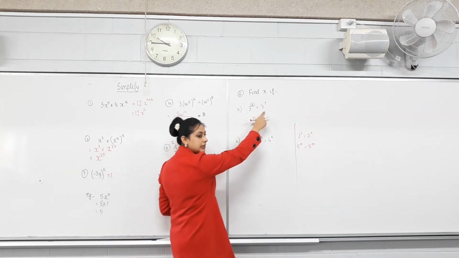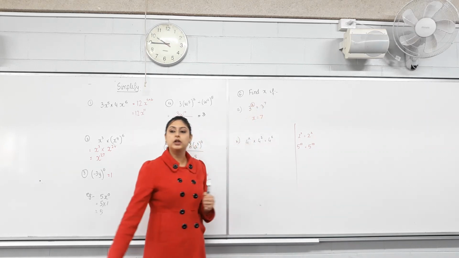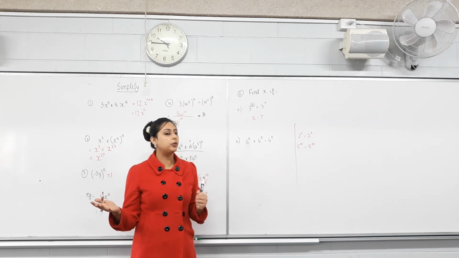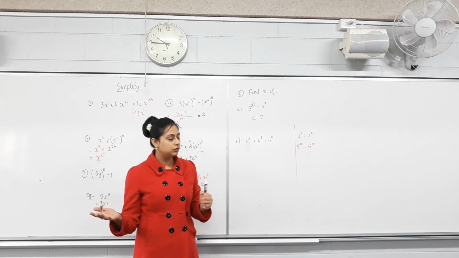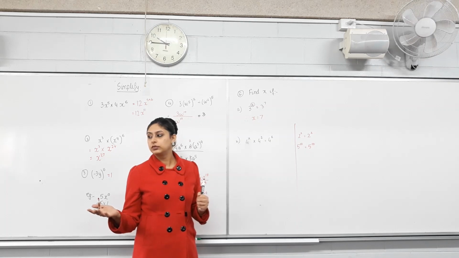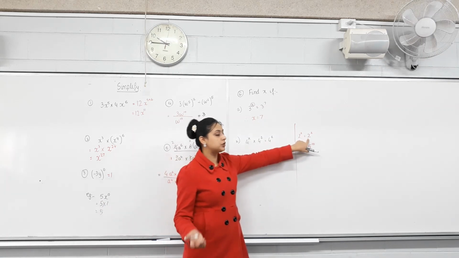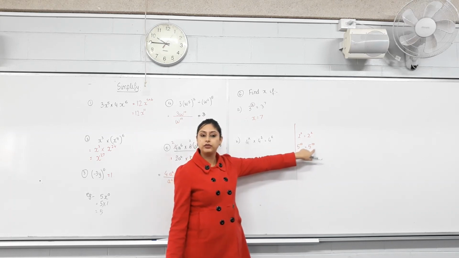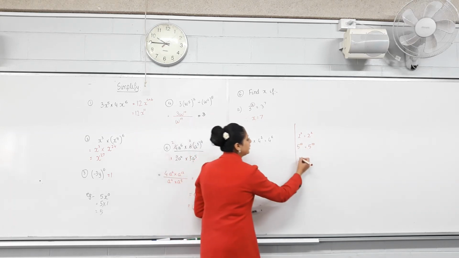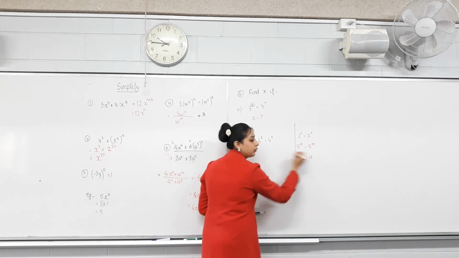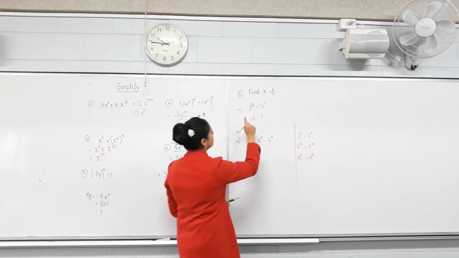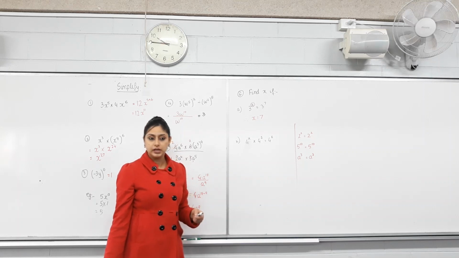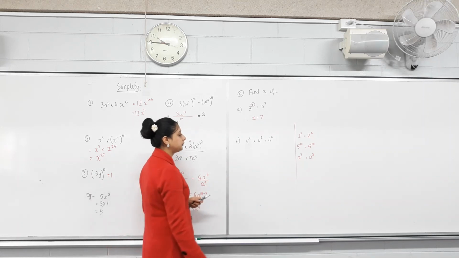So if the bases are the same, powers must be equal as well. Because 2 squared will be equal to 2 to the power of what? 2 to the power of 2. 5 to the power of 10 will be equal to 5 to the power of 10. If I have a to the power of 3, what would it be equal to? A to the power of 3. So if the bases are same, the powers will be equal as well. Is that right?